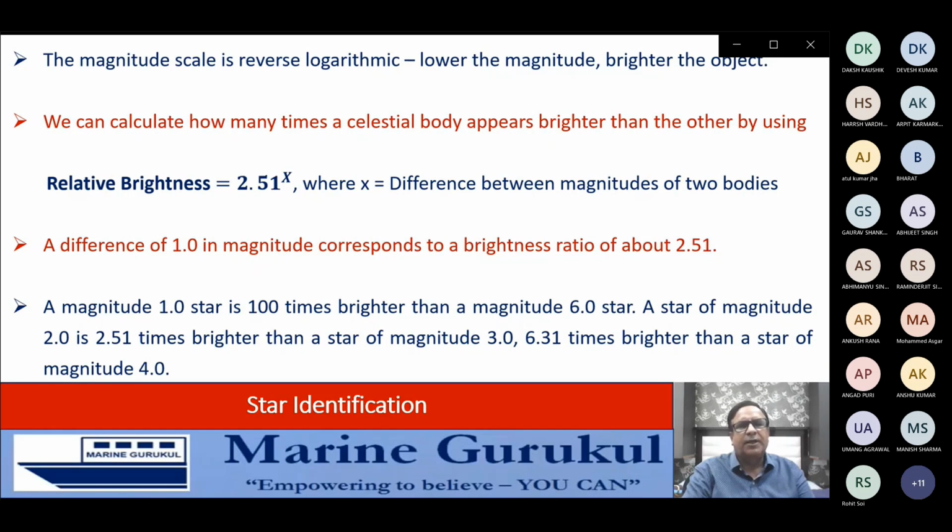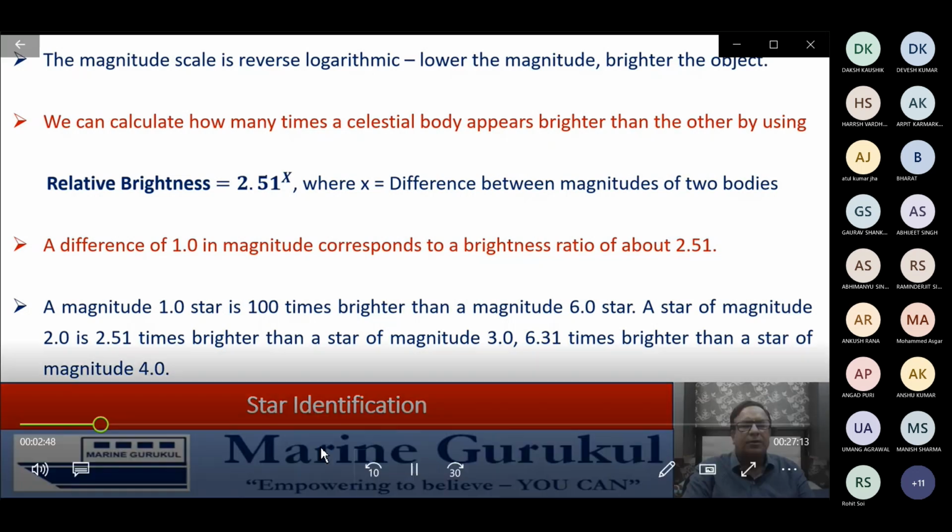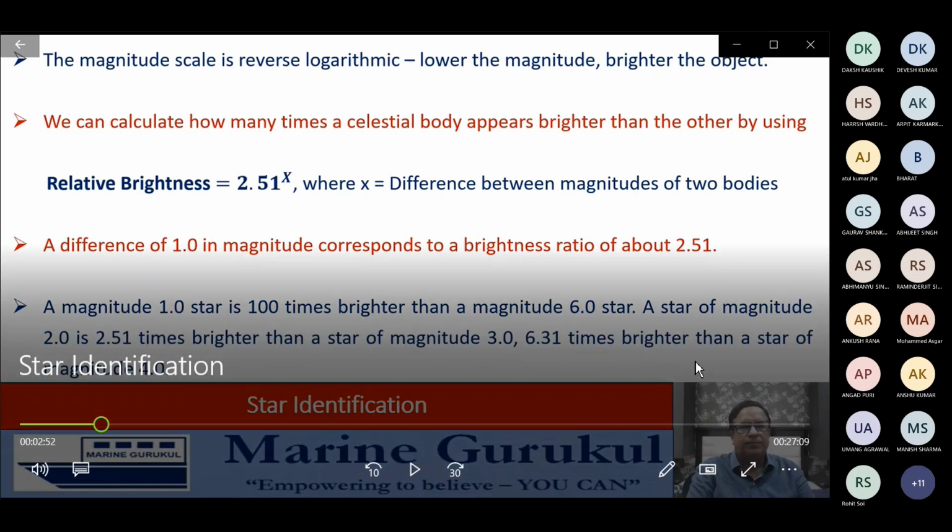Likewise, a star of magnitude 2 is 2.51 times brighter than a star of magnitude 3, and a star of magnitude 2 is 6.31 times brighter than a star of magnitude 4, that will be 2.51 raised to power 2. So beta, is this clear? The stellar magnitude relative brightness formula, 2.51 raised to power x.